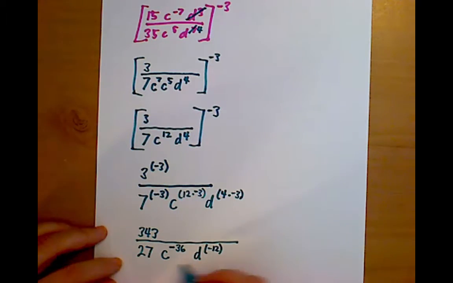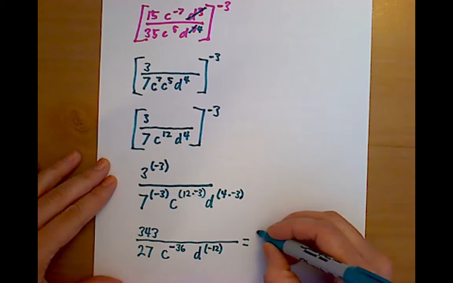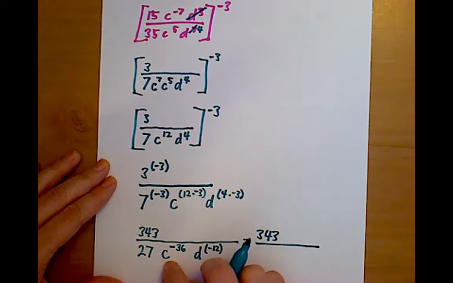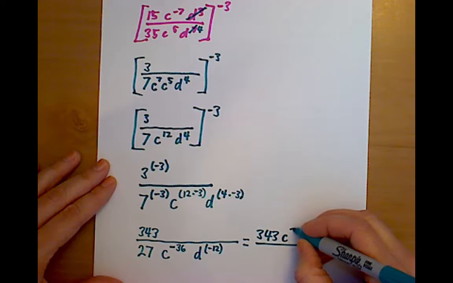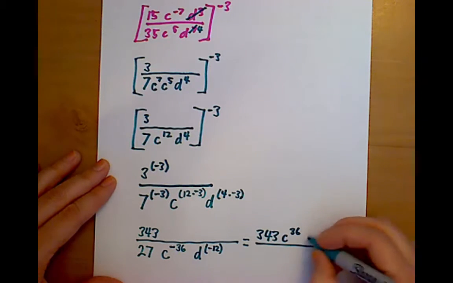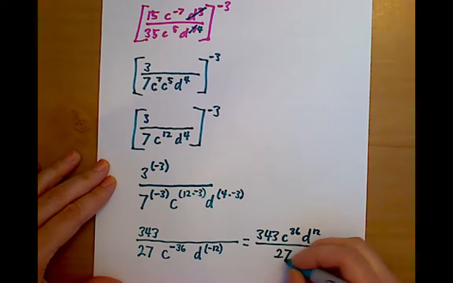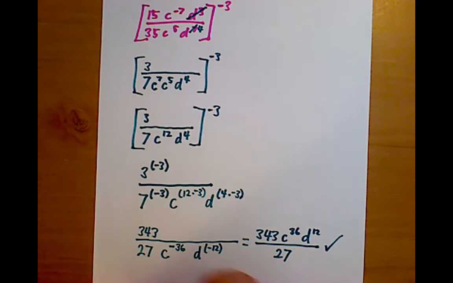So these end up in the numerator: 343, C to the 36th power, and D to the 12th power, and we end up with 27 on the bottom. And that right there is your answer.